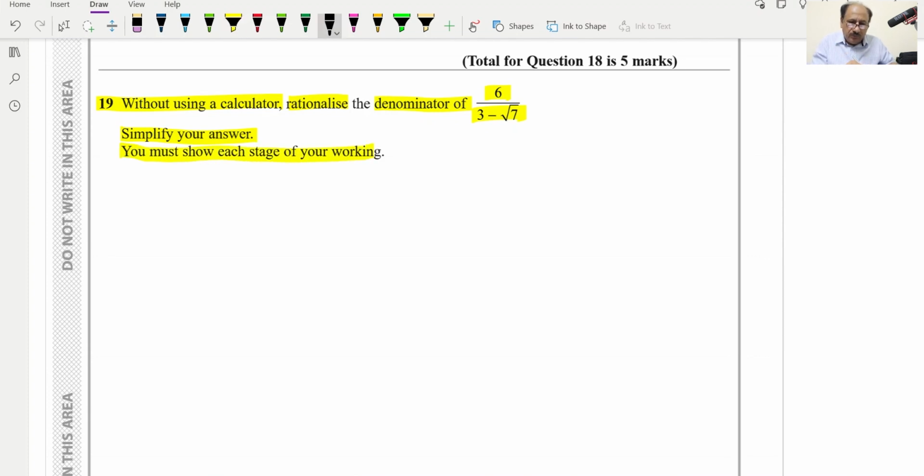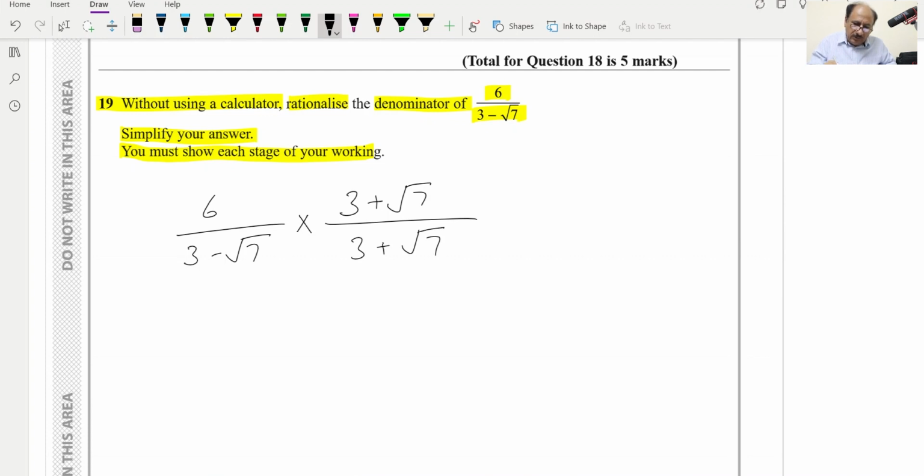So what we can do, we can rationalize. The question given is 6 over 3 minus square root of 7, and we can multiply by the opposite sign, 3 plus square root of 7 over 3 plus square root of 7, and we can rewrite it as 6 into 3 plus square root of 7 divided by, this will be a plus b, a minus b.